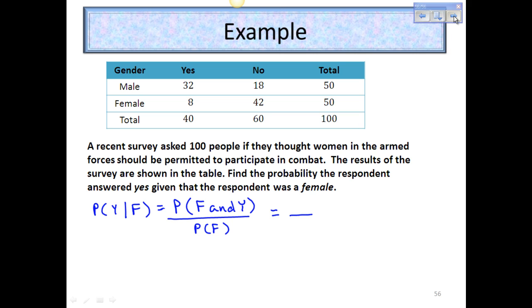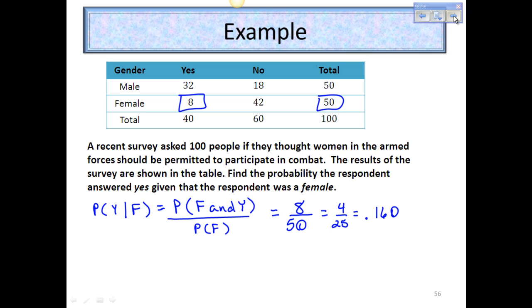Total number of females was 50. Total number of females that also answered yes, that's 8. That reduces to 4 over 25, which, if you want to write it as a decimal to 3 places, is 0.160.